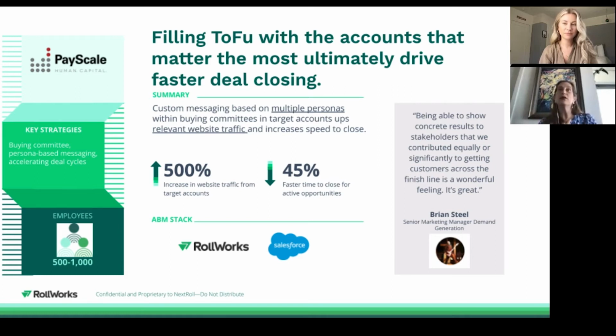So PayScale was able to take this knowledge and have specific messaging to multiple personas in the buying committees at their prioritized accounts. And by doing that, they're able to not just drastically increase their website traffic, but increase the website traffic coming from the relevant personas at the relevant accounts.